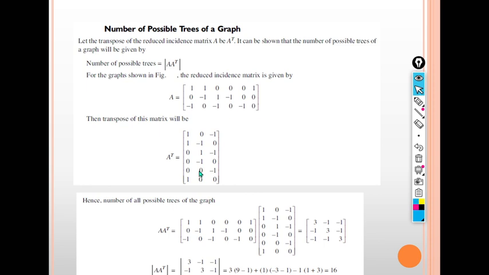You know how to find the transpose. If I compute A times A transpose, we get this. Now, what is the determinant of A A transpose? We get 16. So, 16 different trees can be drawn from this incidence matrix A.